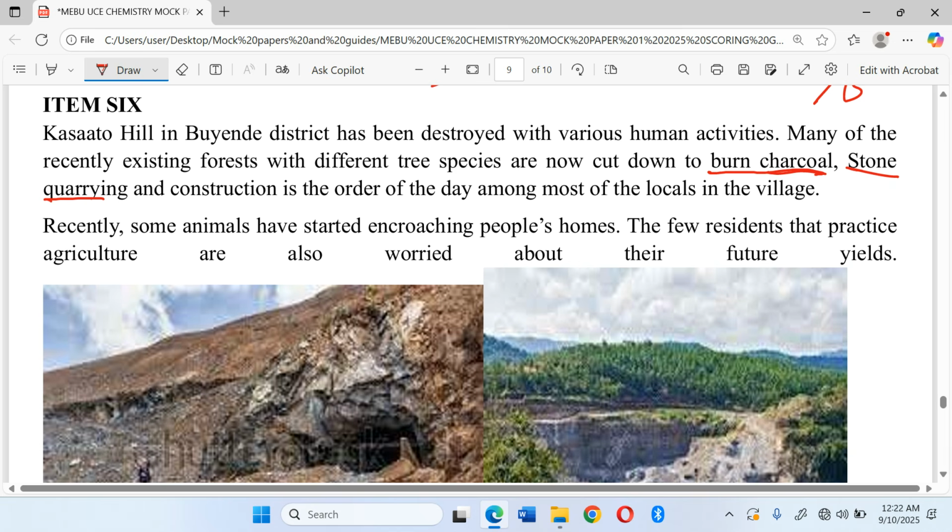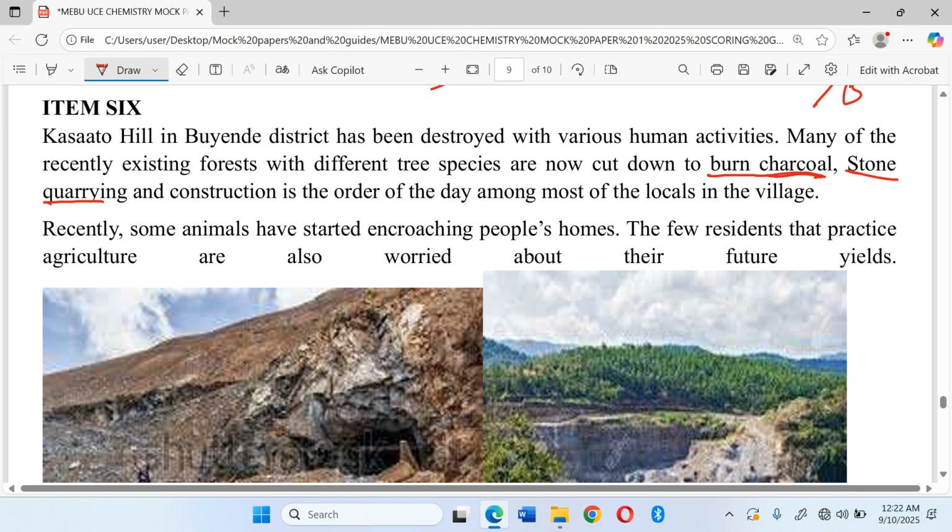There are those who will talk about the burning of charcoal as a human activity, and another person will talk about stone quarrying, and also the construction. But each of these activities affects a natural resource in a particular way.